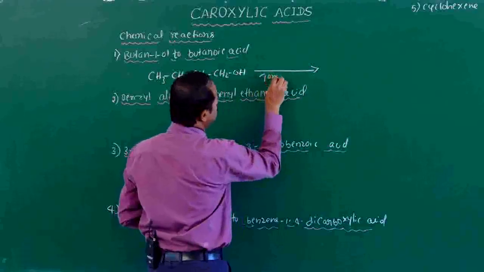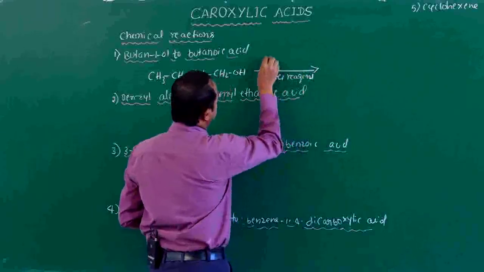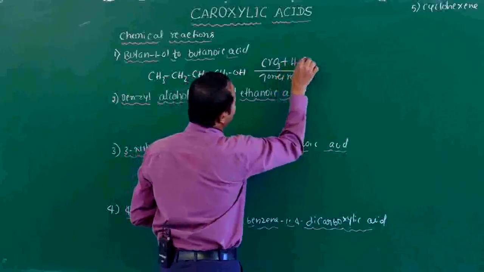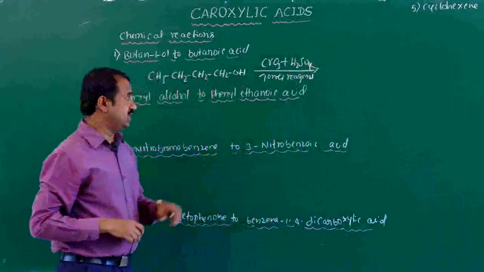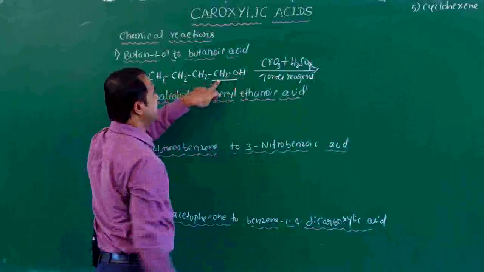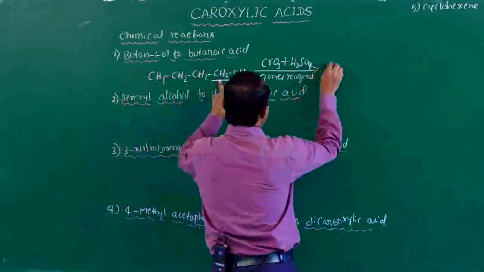What is Jones reagent? Jones reagent is chromium trioxide in the presence of sulfuric acid, which undergoes oxidation, and the alcohol is converted to carboxylic acid.